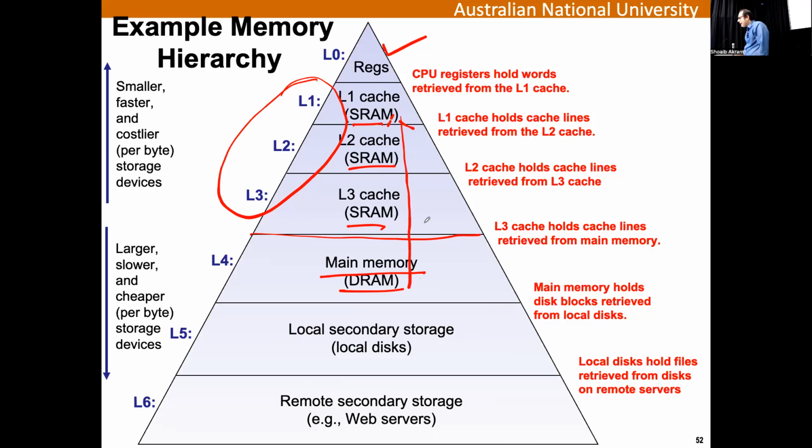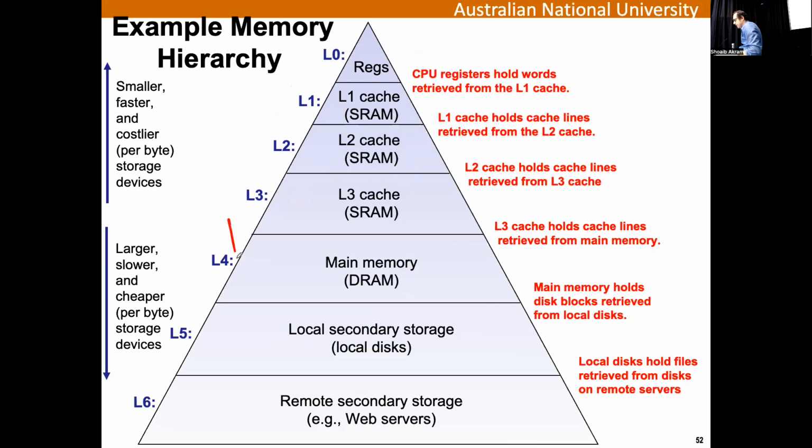And we don't have one level of cache, we have multiple levels of caches. You go down, the capacity increases. You go up in this pyramid, capacity decreases. And cost increases in this direction.